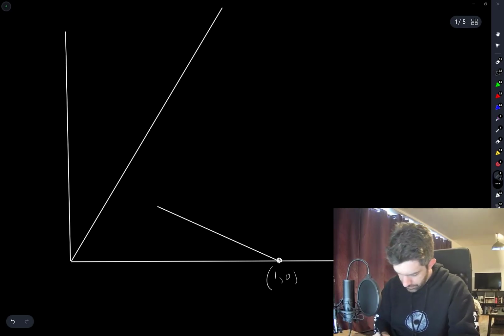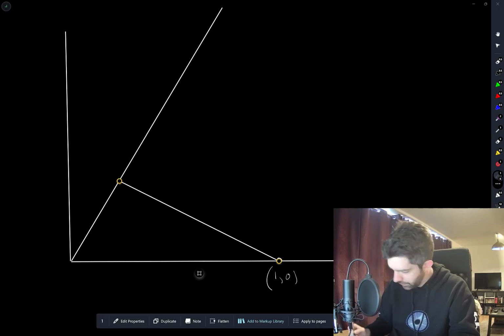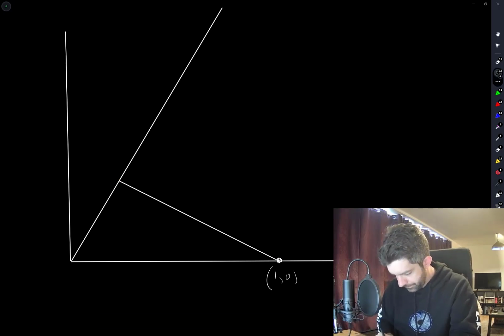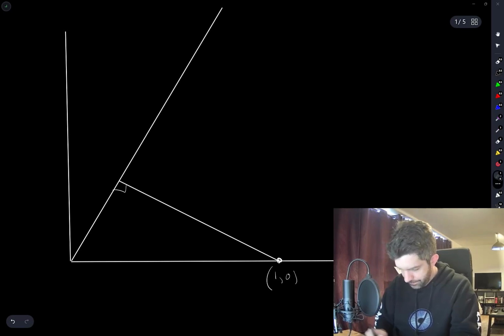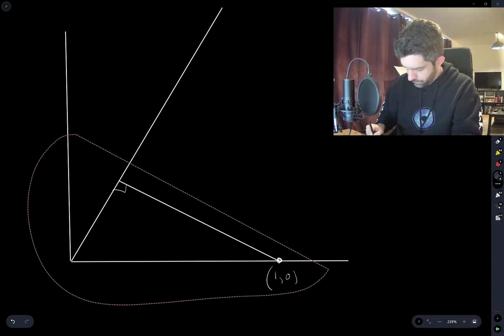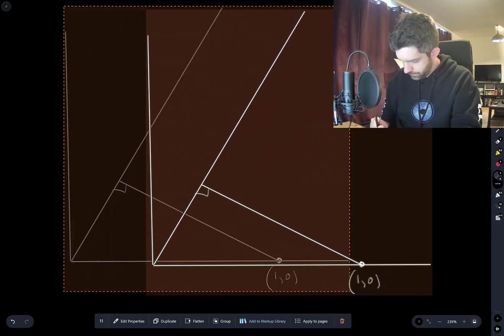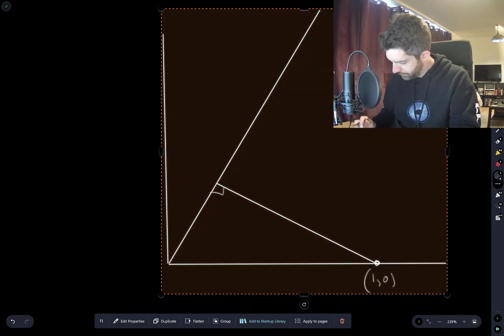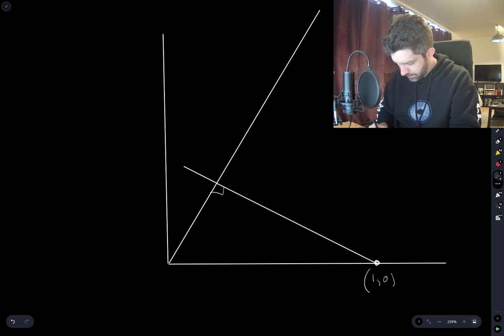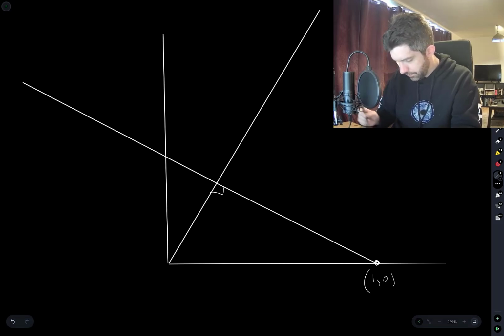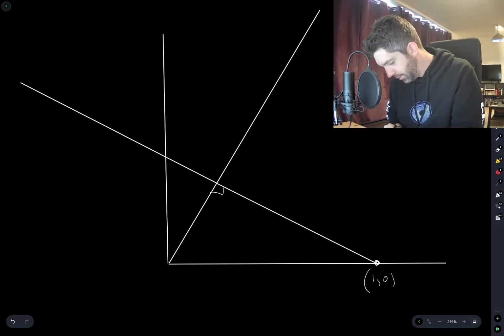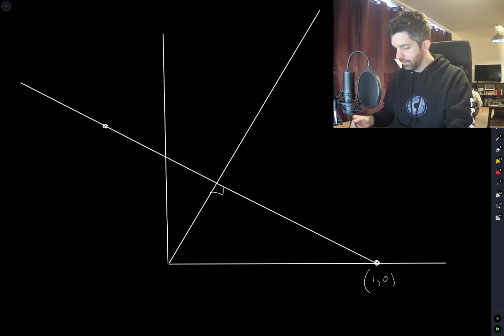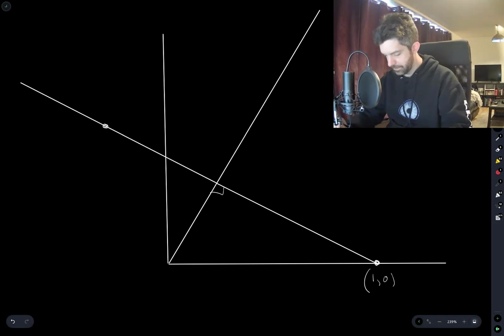If we draw this line there, so this intersects at a right angle, and then continue that line for an equal distance, it looks like we go up to about here. This is the point we're looking for.